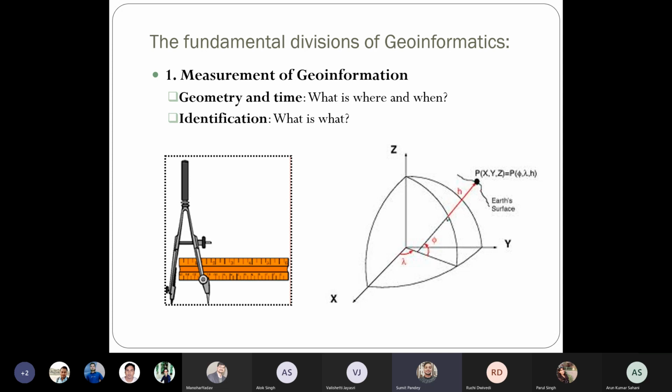So first we should decide an origin from where we should take the reference, and with that reference we can choose particular coordinates.